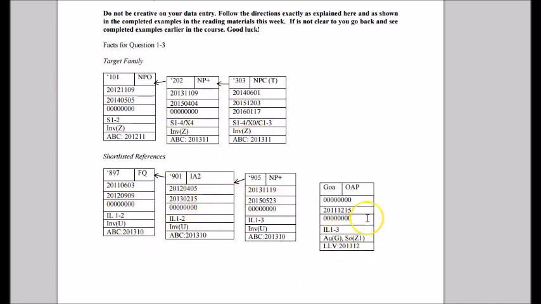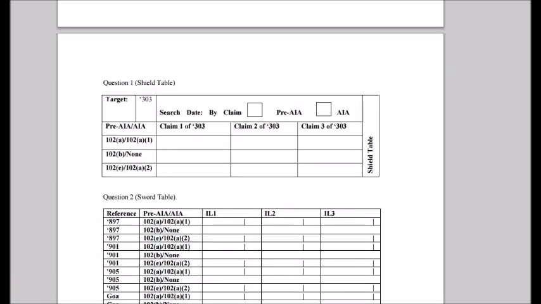Here we have a family, and here we have open art literature, and we determine whether or not these are early enough in time for whatever search dates, shield dates we end up for this family after we've determined whether it's AIA or pre-AIA. And then we go to the gist of really what priority law is about.